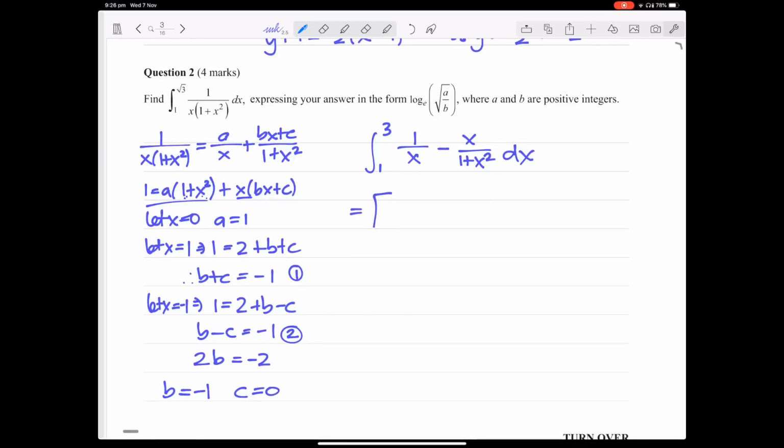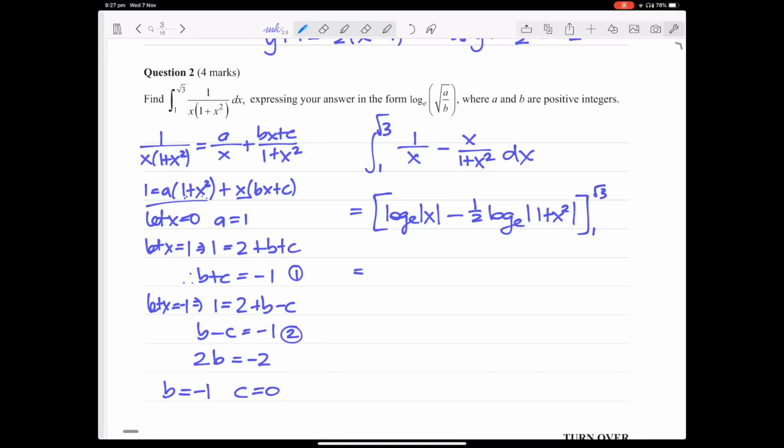Now, we know if we integrate that, we get log e mod x. We know if we integrate this, we need to put a 2 on top, which means we've got to put a half out the front. So, negative a half log e (1 plus x squared) between 1 and root 3.